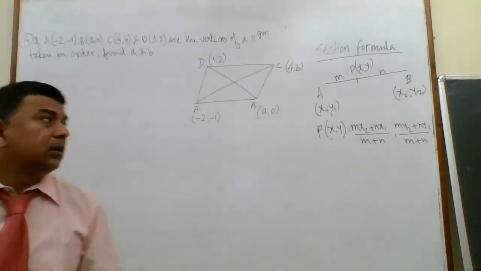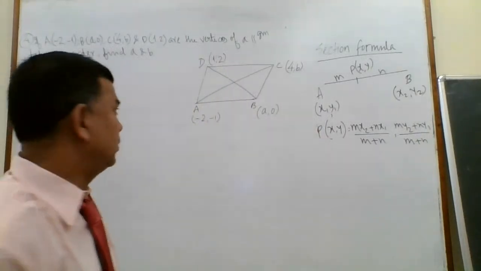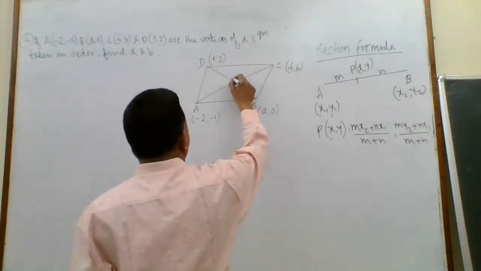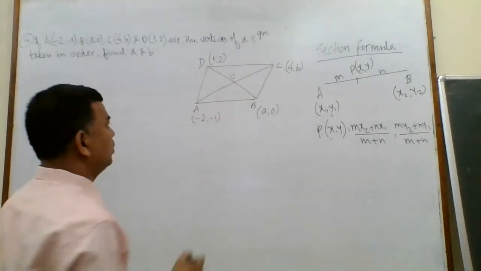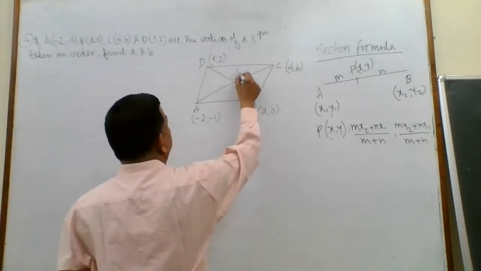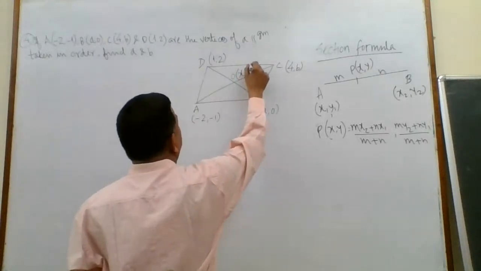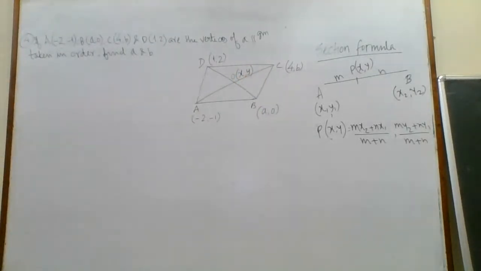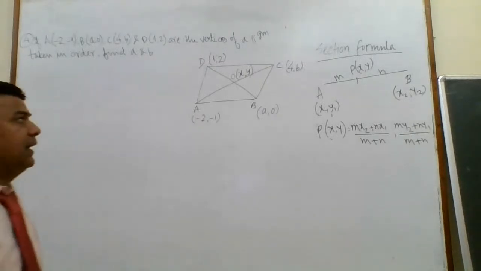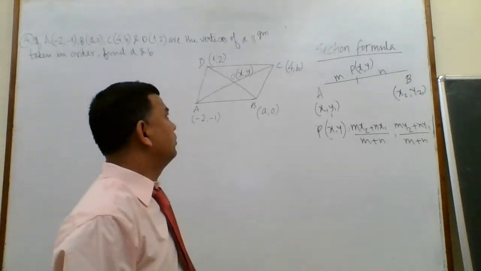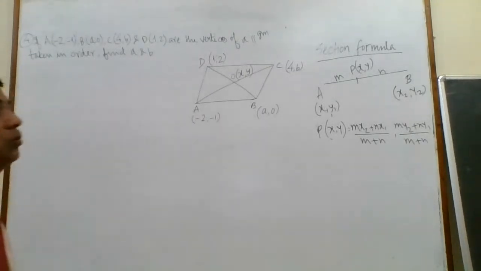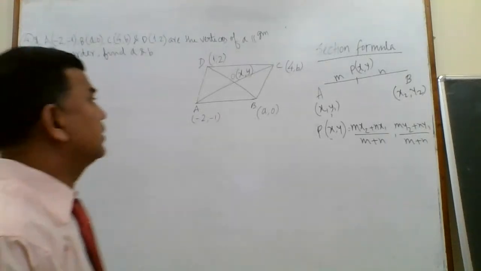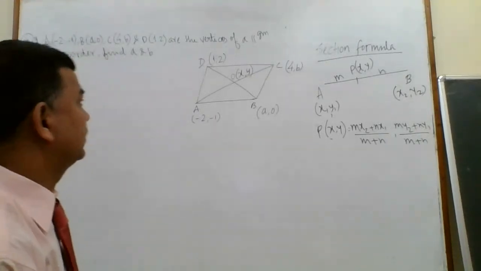These are the diagonals of a parallelogram. Suppose they are meeting each other at the point O. So O must have some coordinates, say x and y. We will not get x and y's value, but it is x and y only that will help us in getting the value of a and b.